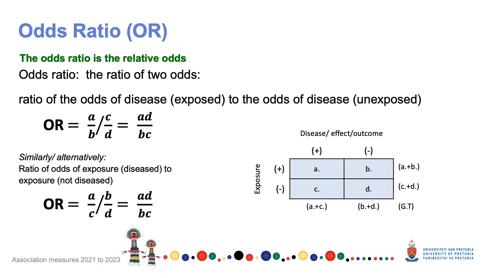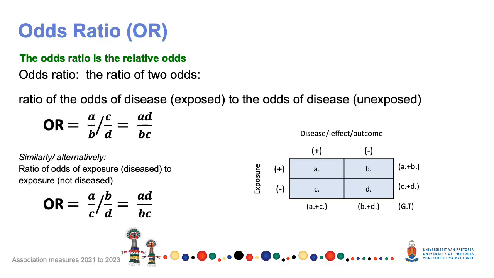And just as with the risks, we had a relative risk or a risk ratio, we can now develop an odds ratio or the relative odds, where we just divide the odds of disease amongst the exposed, A over B, divided by the odds of disease amongst the not exposed, C over D. You can see from basic algebra that this becomes A times D divided by B times C. And we call this the odds ratio because it's a ratio of two odds.